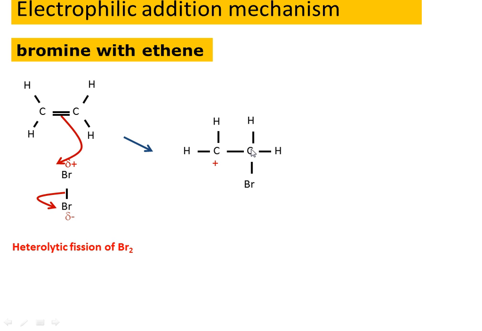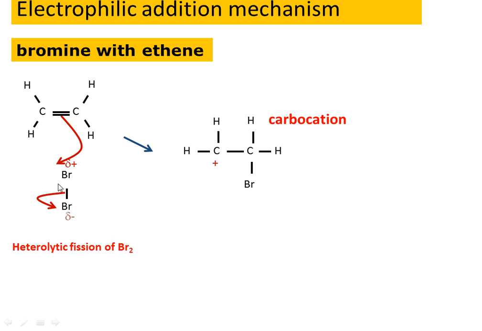So this doesn't have any charge. This carbon, however, has got 1, 2, 3 electrons around it. 1, 2, 3, 4. So it's lost an electron because its electron is in this new bond here. So this is positively charged, and we call this a carbocation.